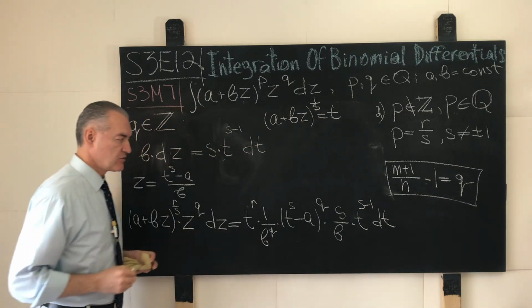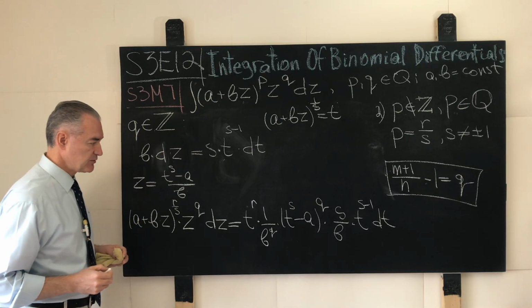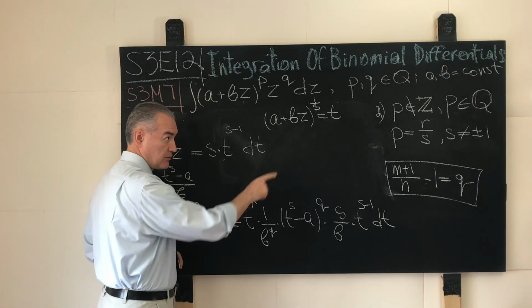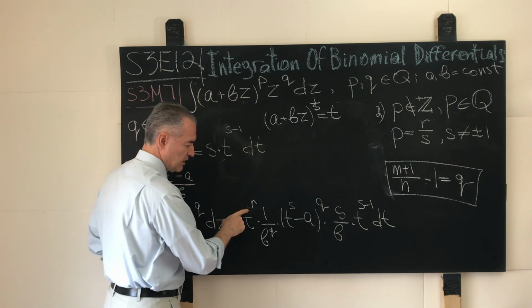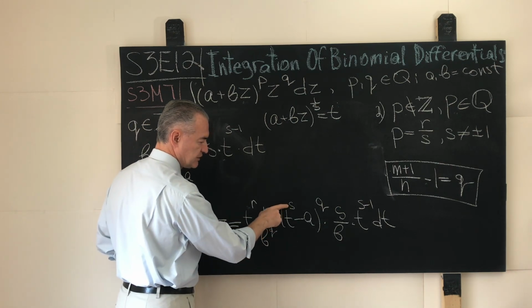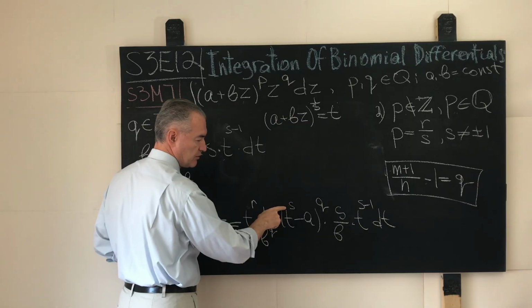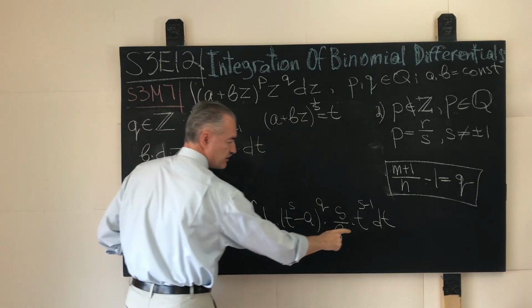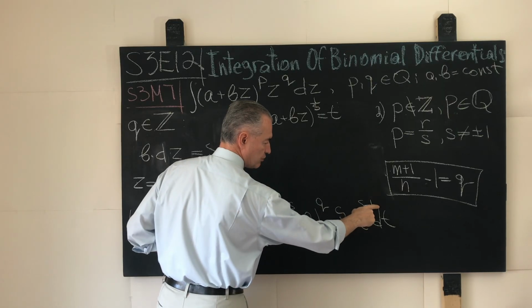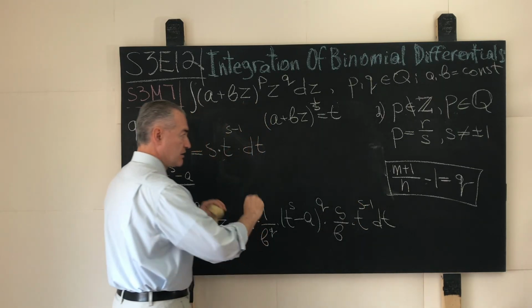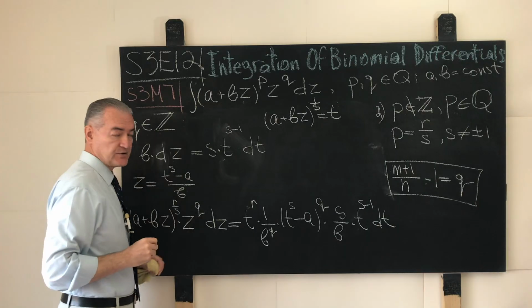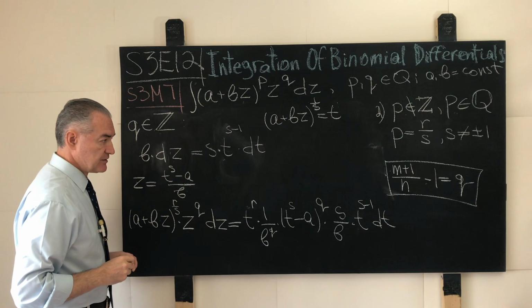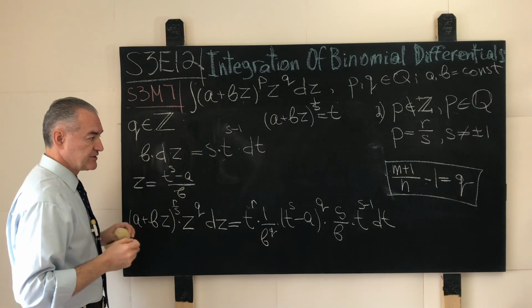Now let us again carefully analyze what just transpired. R is a whole number. Here we don't care. T raised to the power of s, another whole number. Q is a whole number by assumption. And then, a whole number minus a whole number is a whole number. The set of whole numbers is closed under subtraction. The difference between any two whole numbers is a whole number.